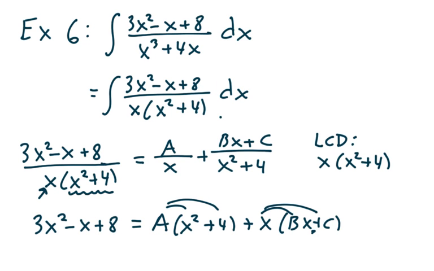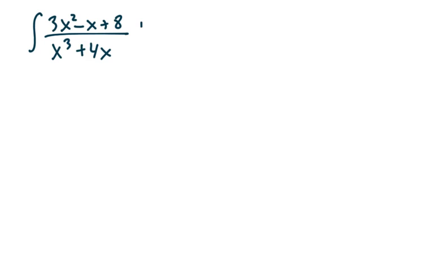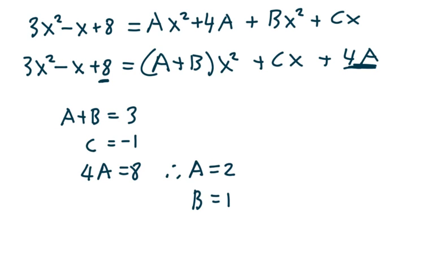So I'm going to look at this. Okay, so we get the following. So we're going to get the integral of 3x squared minus x plus 8 divided by x cubed plus 4x dx. And I'm going to break it up as follows.